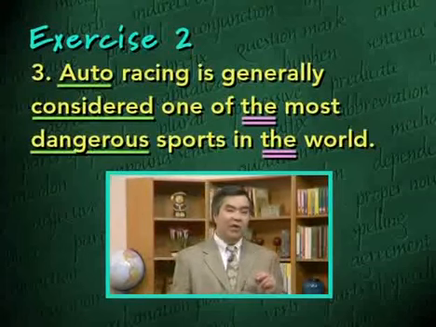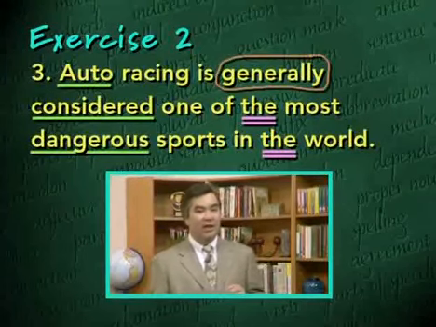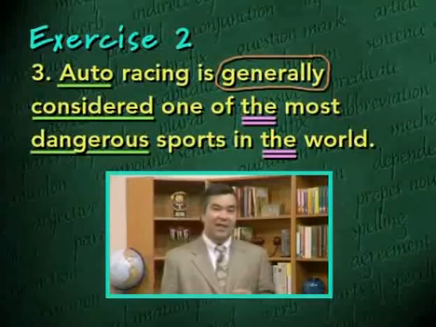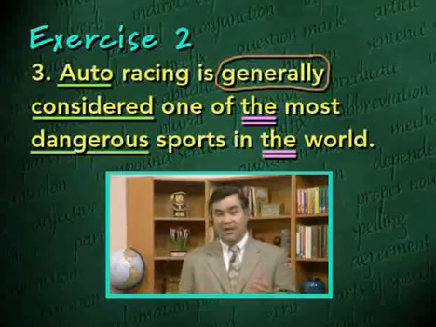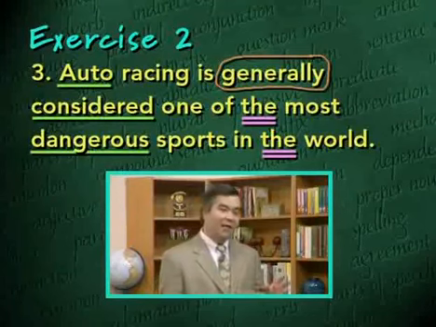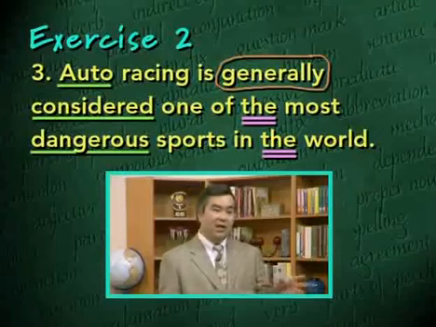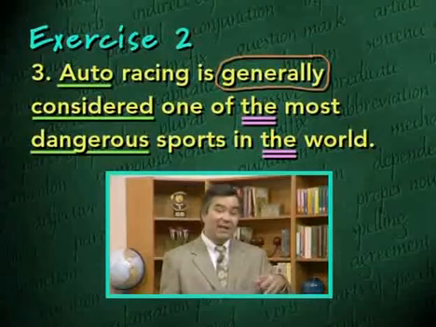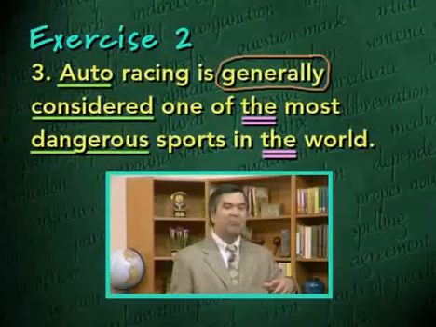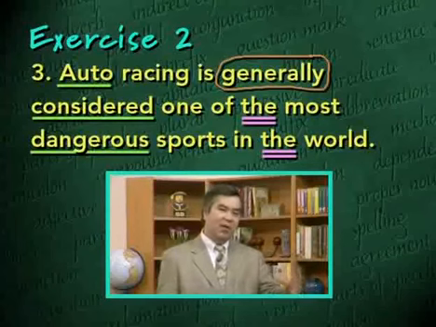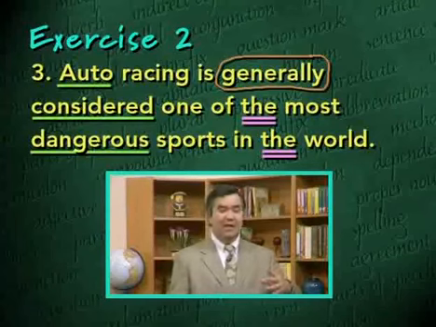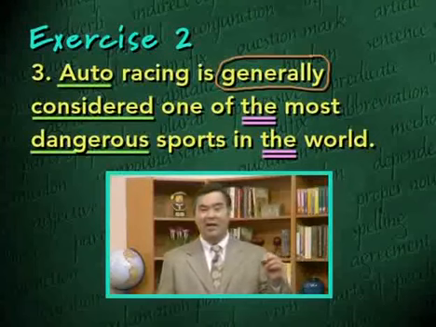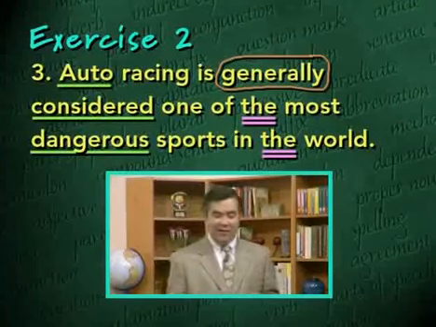Finally, there are two adverbs. Generally is an adverb. Again, notice the ending ly, which is commonly found on adverbs, and it modifies the adjective considered. How or when is it considered a dangerous sport? Generally. So it gives more information about that adjective considered. And remember, a word that modifies an adjective is an adverb.